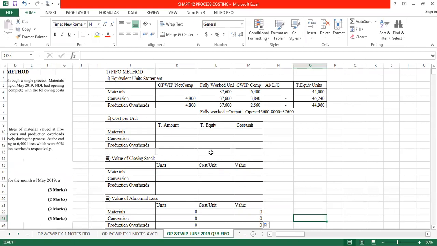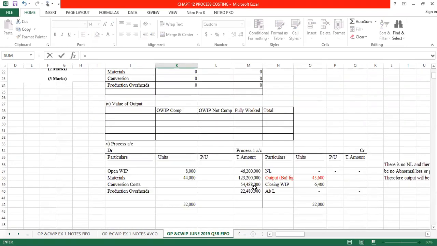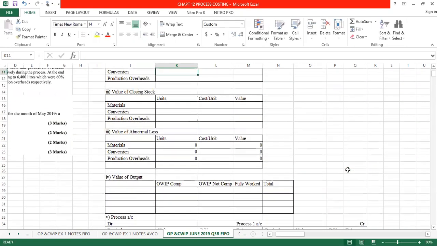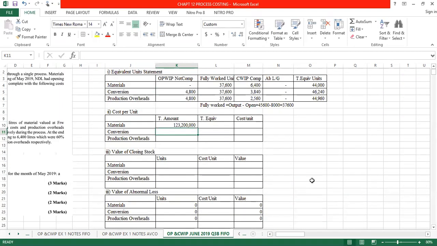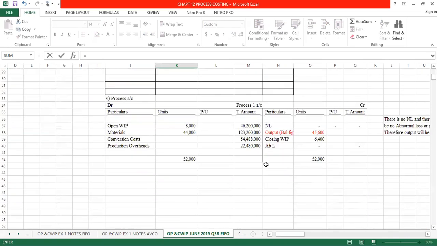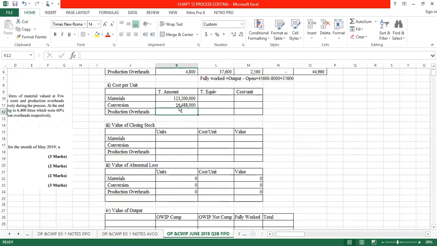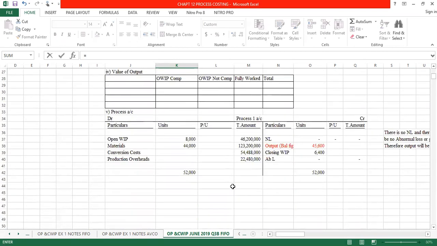Okay, so let's continue. What is the total amount of materials? We come to the process account, materials is 123 million minus 0. So that is the total of materials there. Total of conversion is 54. The total of production overheads is 22.